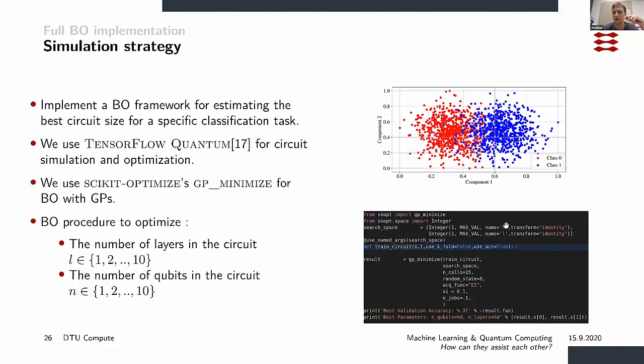I define N, the number of qubits, the number of components I want to use, and then I define L, how many layers in my quantum circuit I need. You just plug it in, call your function, and then your search space, and all the rest can be used by default, but I've actually chosen to set them myself. But essentially, that's it when you do Bayesian optimization.